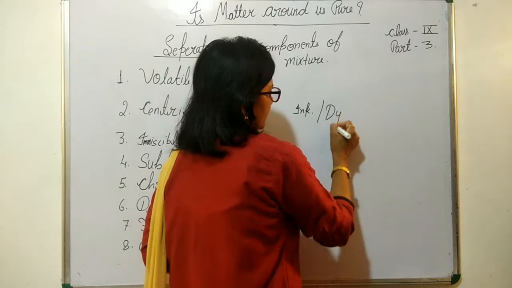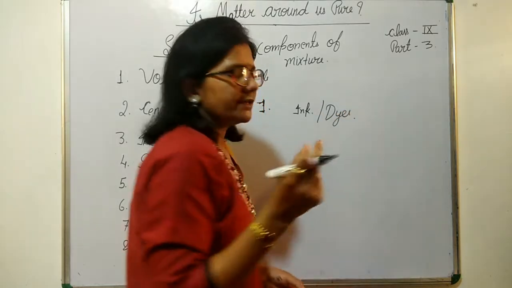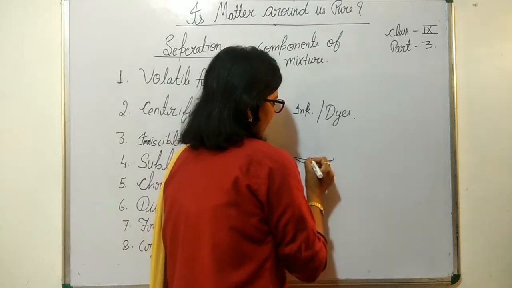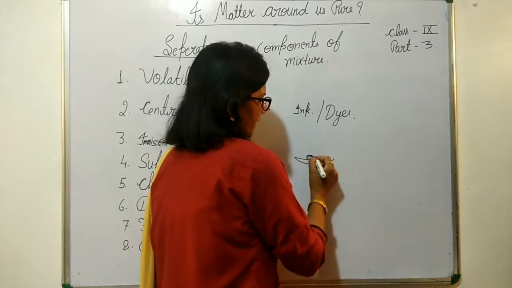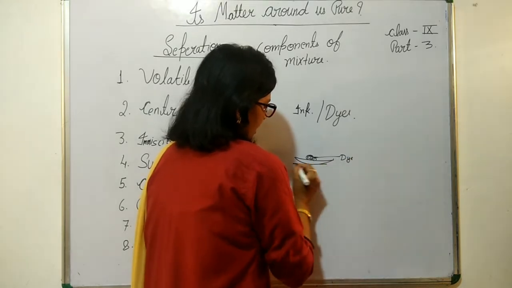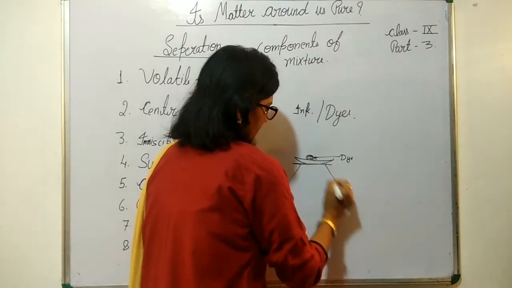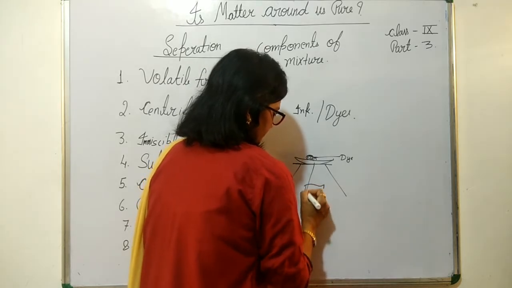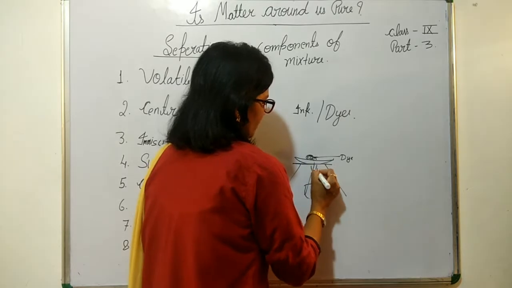If it is of two colors, what do we do? We take it in a china dish on a tripod, and with a spirit lamp we provide heat.